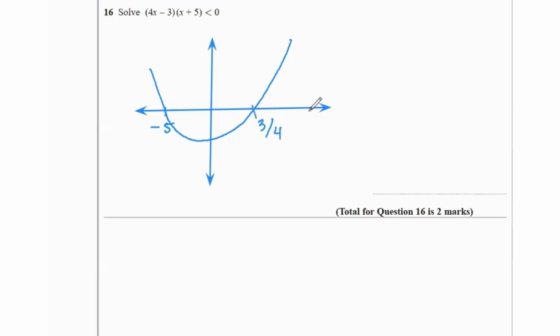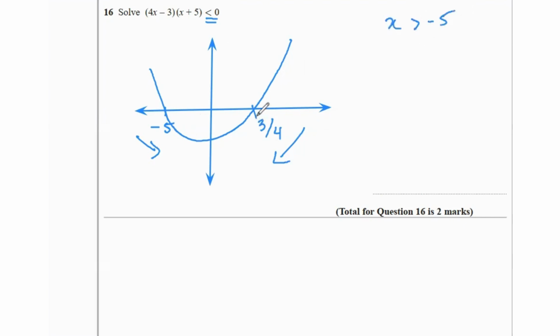3 by 4. And since it's less than 0, that means we look at the values of y underneath the x-axis because they're decreasing. So this is where the y values are decreasing. So if you look at the behavior at x equals to -5, your values of x are increasing because they're going towards the positive side.